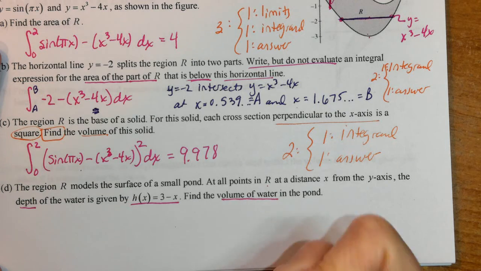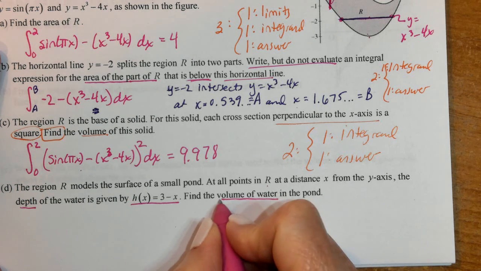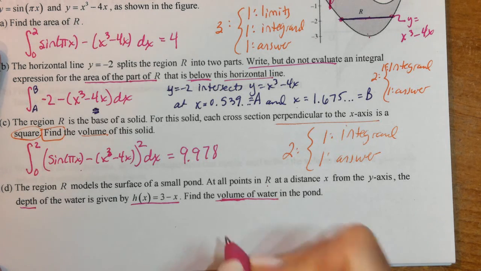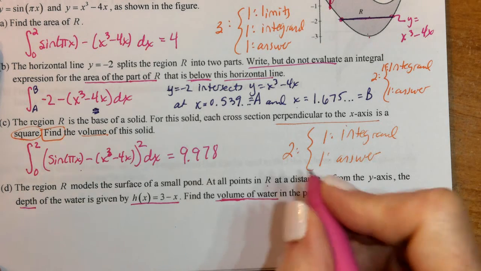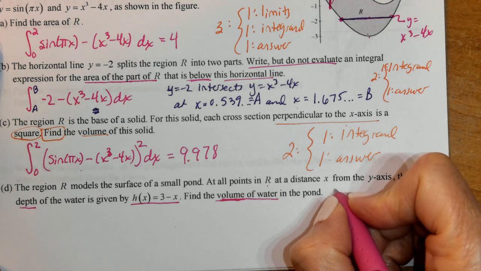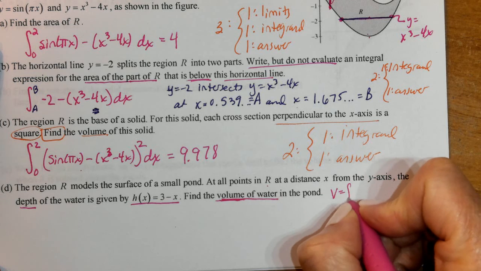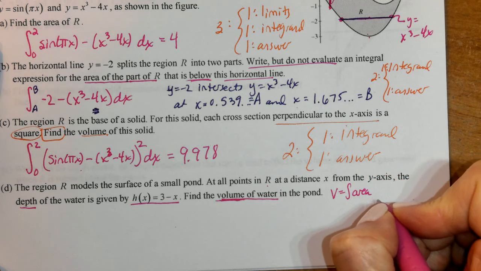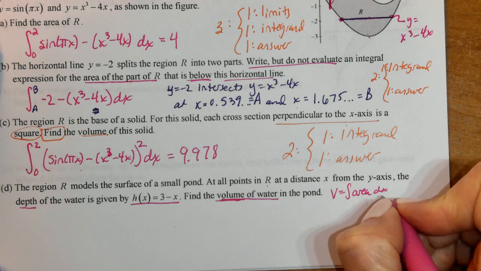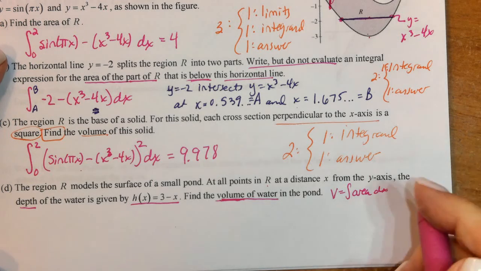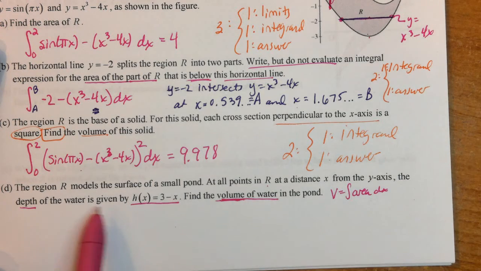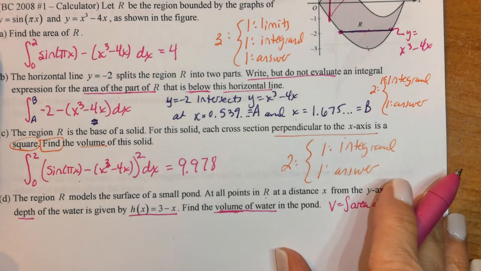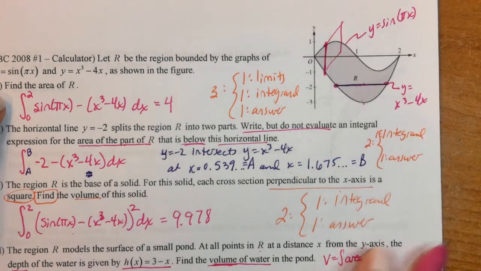This is one of those times where we need to revert to what we know volume is. In my mind, I'm telling myself this, I'm not writing this for AP: volume is the integral of the area function, dx or dy.